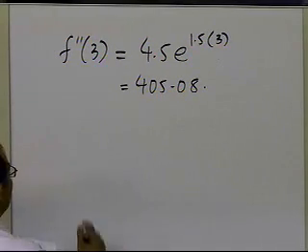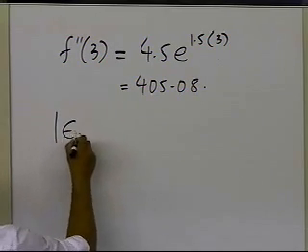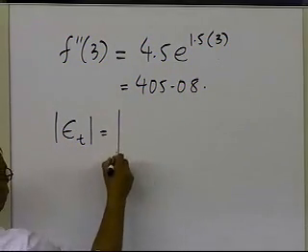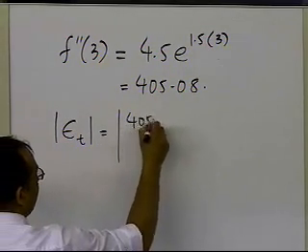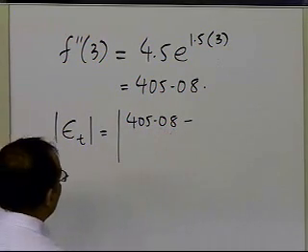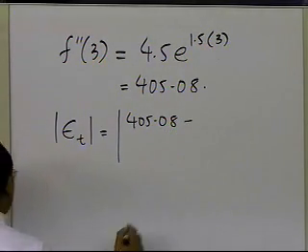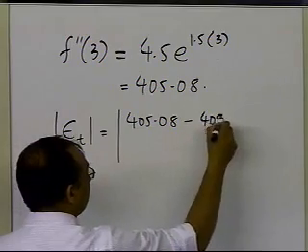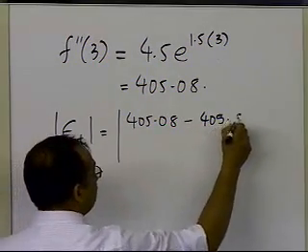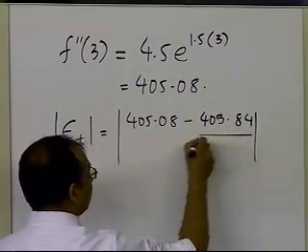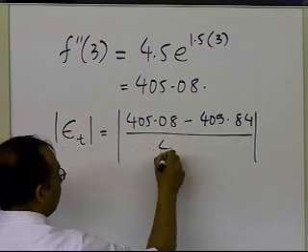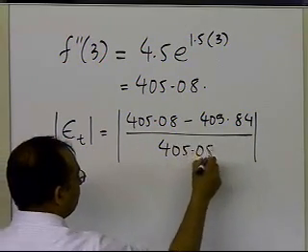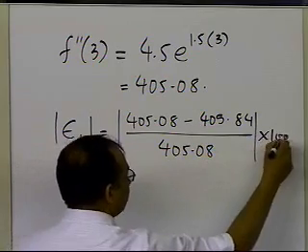In order to find out the relative true error, I need to know the true value, which is 405.08, and the approximate value, which I found by using my central divided difference formula for the second derivative, which is 405.84. So the error is 405.84 minus 405.08, divided by the exact value, 405.08, times 100.